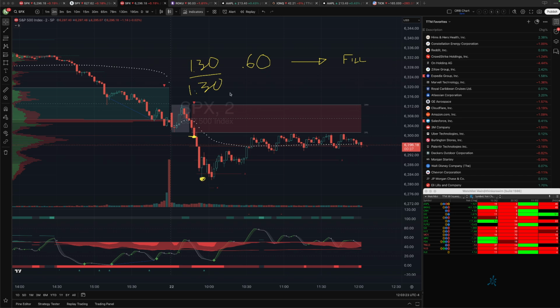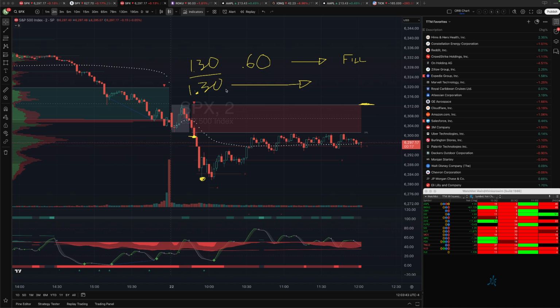This one I've left on. This one is still on, so I still have that 130. If this expires today and it stays below this 63.15, I'll get the full 130 per contract.